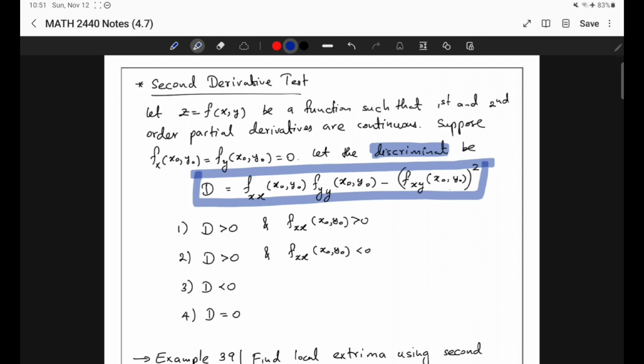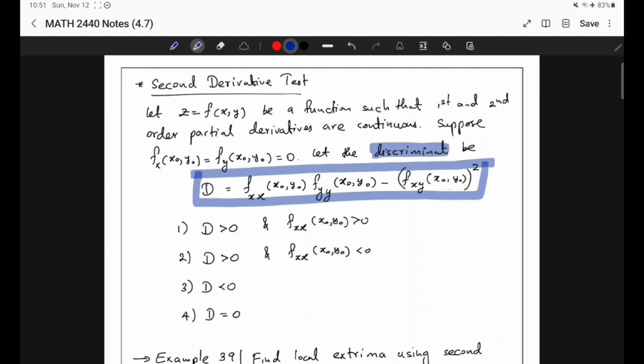The discriminant is, first you find the second order partial derivatives, f sub xx times f sub yy minus the square of f sub xy.